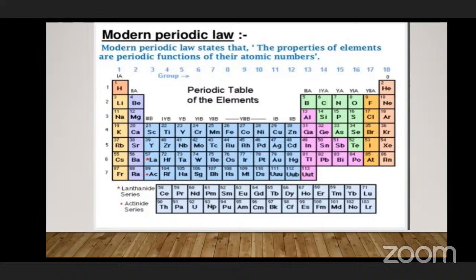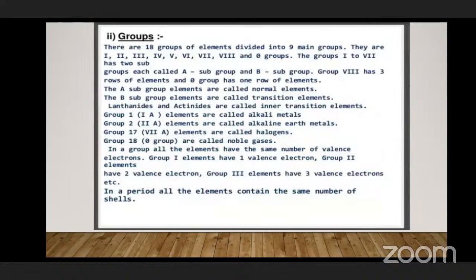What are normal elements? What are transition elements? That we will discuss later, after completion of the periodic table. Finally, A subgroups are called normal elements and B subgroups are generally called transition elements. This is based on the configuration, on the d orbital, and we can discuss it later.